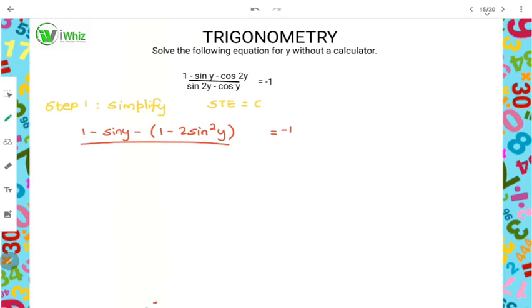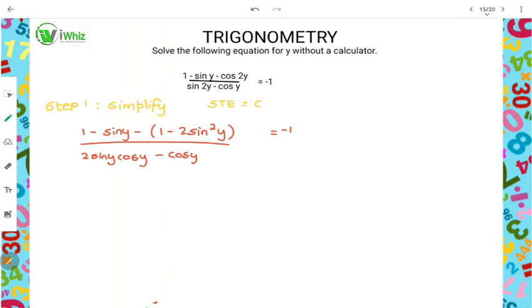And let's not forget our division. Is there anything we can change at the bottom? Yes, we can change sin 2y. What is sin 2y? Sin 2y gives us 2 sin y cos y minus cos y. Once I have that cos y, I can reduce my formula even further.